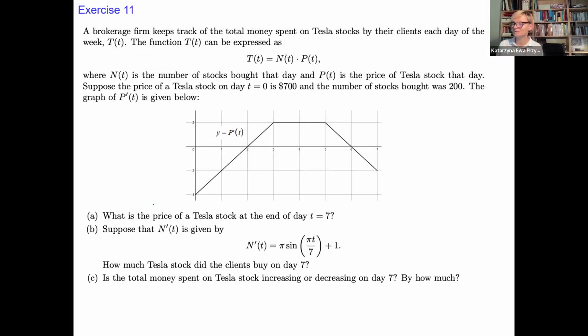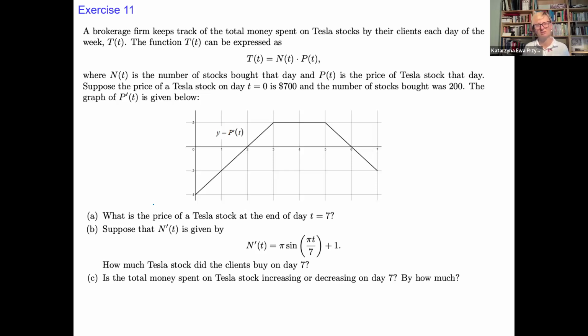The firm keeps track of the total money spent on Tesla stock by their clients each day of the week. T of t is the total money spent.